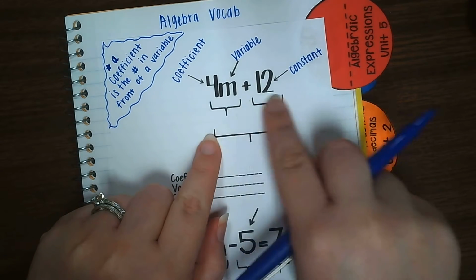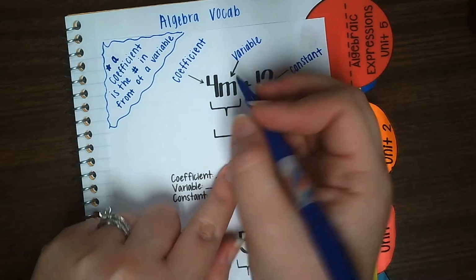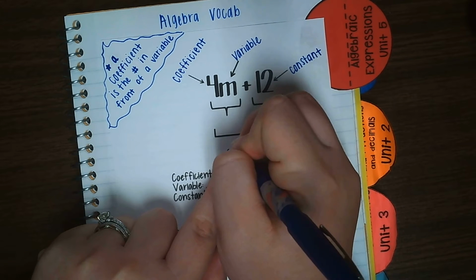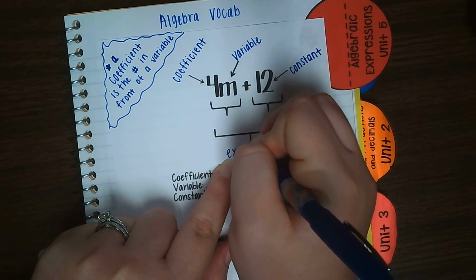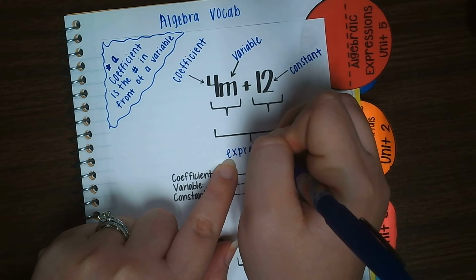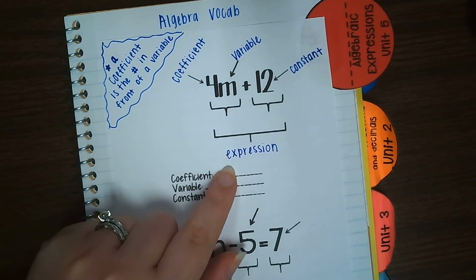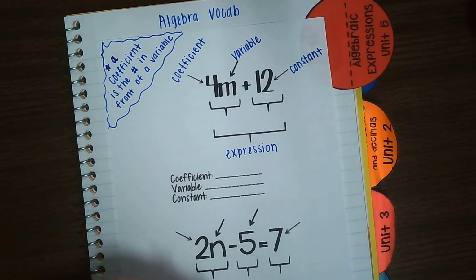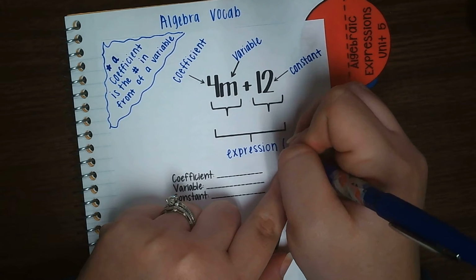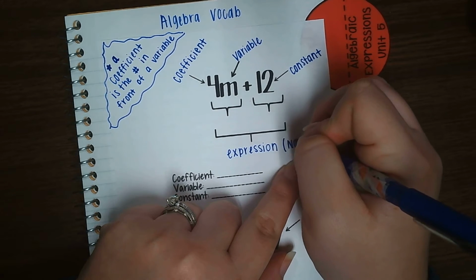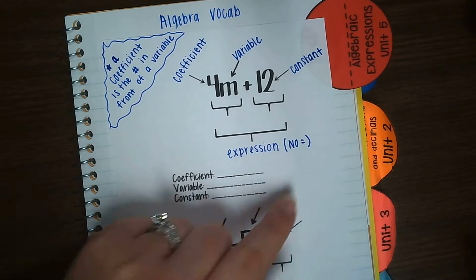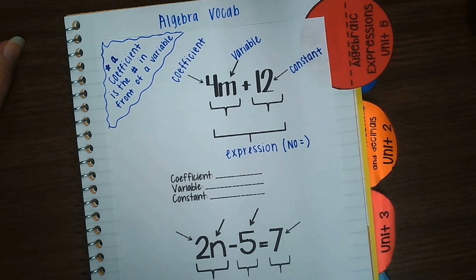Now this, as a whole, is called an expression. An expression does not have an equal sign. So we're going to write no equal sign in parentheses.